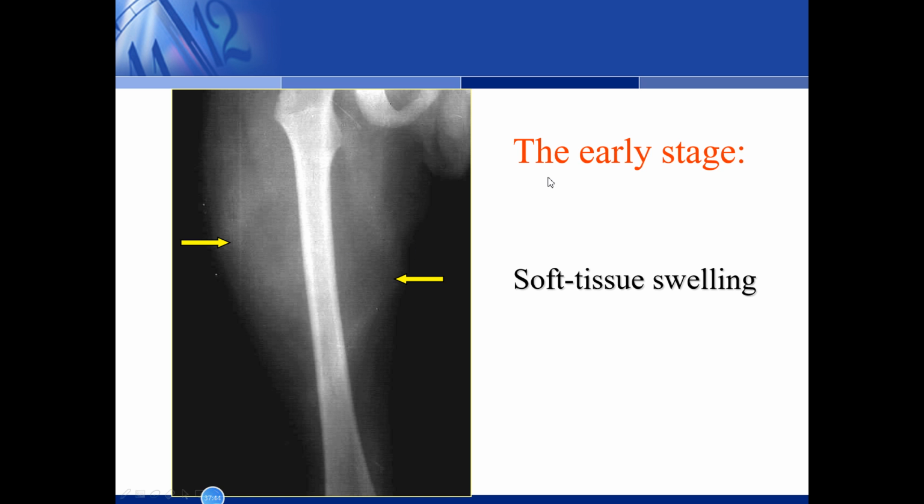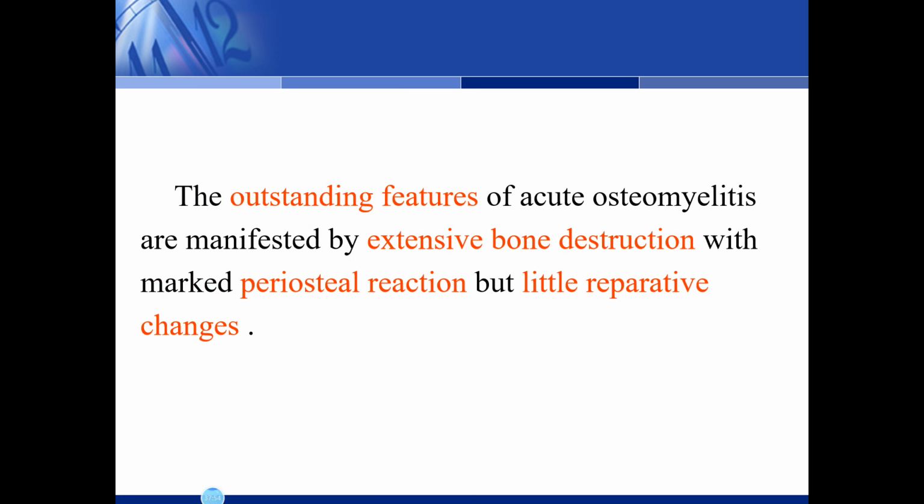This is the early stage. Just the soft tissue swelling may be found first. And the outstanding features of acute osteomyelitis are extensive bone destruction with marked periosteal reaction, but little reparative changes.